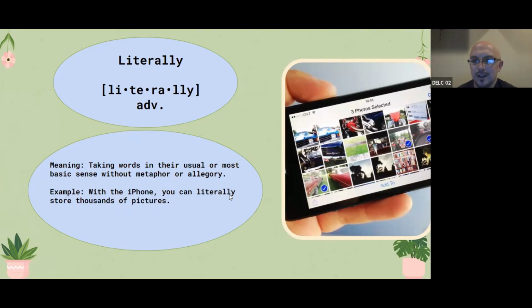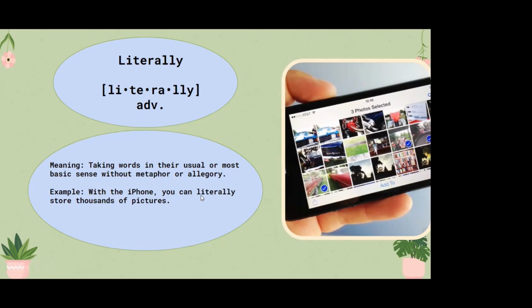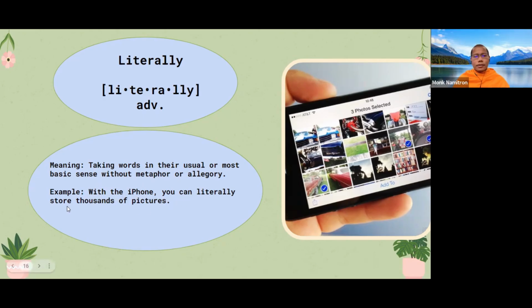It's not a metaphor, but it's the true meaning when we say it. The true meaning, จริงๆแล้ว, literally. With the iPhone, you can literally store thousands of pictures. Everyone, can we say this sentence? With the iPhone, you can literally store thousands of pictures.